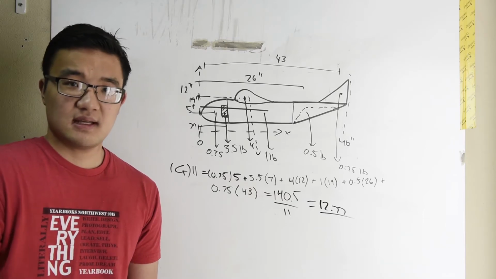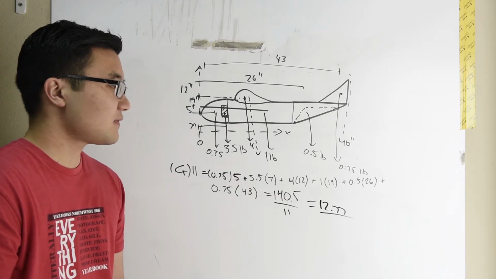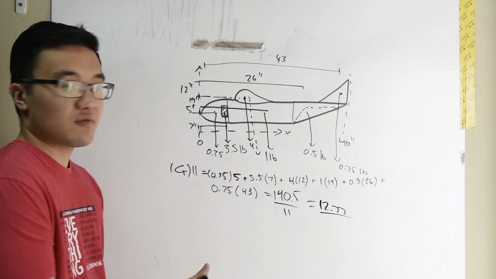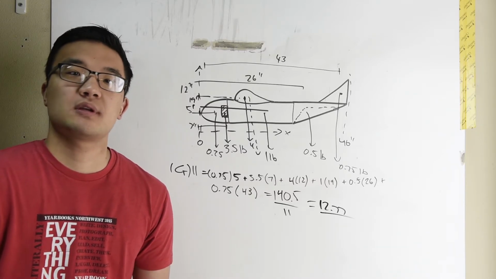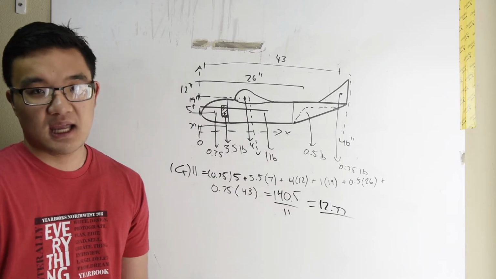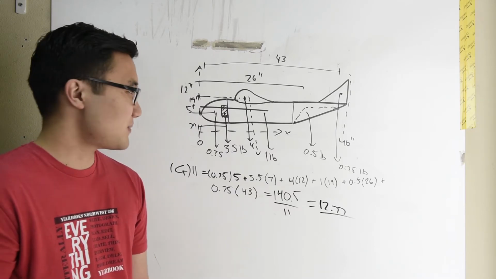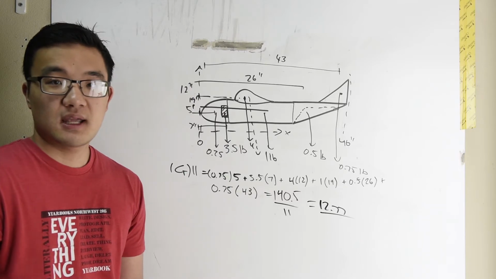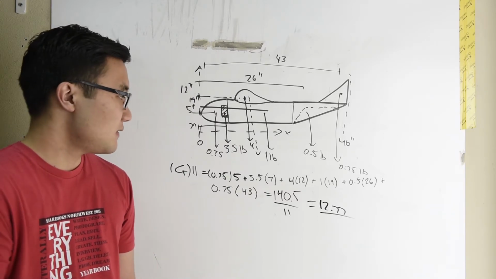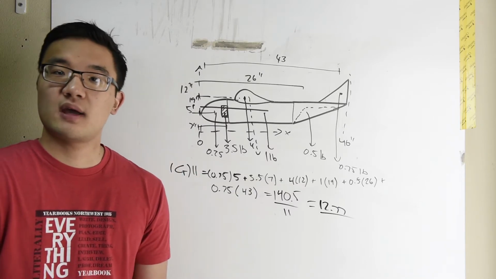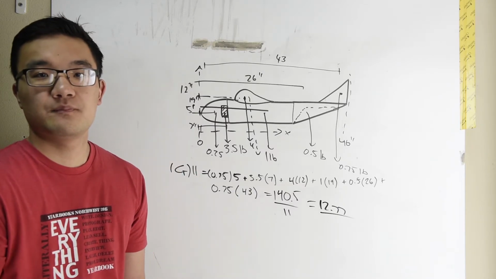It's just very tedious, and it requires you to take a lot of different masses at very specific distances and make sure that you do your summation properly. I did it by hand. It's probably easier to do it on the computer. But again, as long as you're very diligent about how you do the calculation, this is a very easy way to calculate the center of gravity.